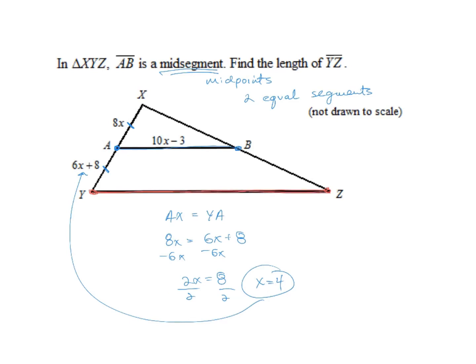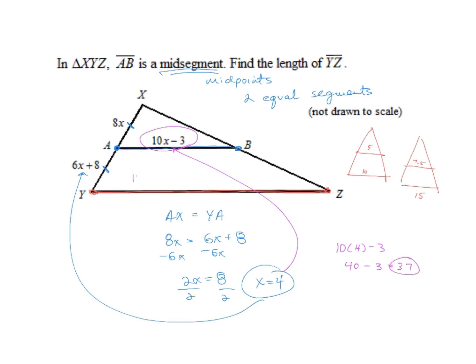But for this question, they're asking for YZ here. Now again, I know in a mid-segment, if this is 5, that makes this 10. If this is 15, that makes this 7.5. It's a 1 to 2 or 2 to 1 ratio. So if I want YZ, I could just simply take x, plug into here. 10 times 4 minus 3, 40 minus 3 is 37.